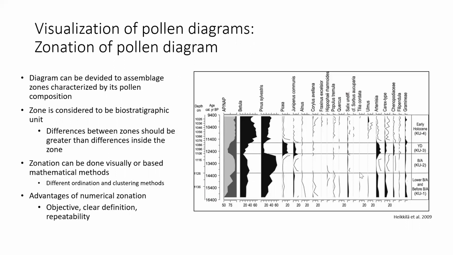And here you can see the division of the pollen zones. And then again, when there is a clear change in the pollen reflecting the vegetation, there's another zonation, and again, when there's a change, another.